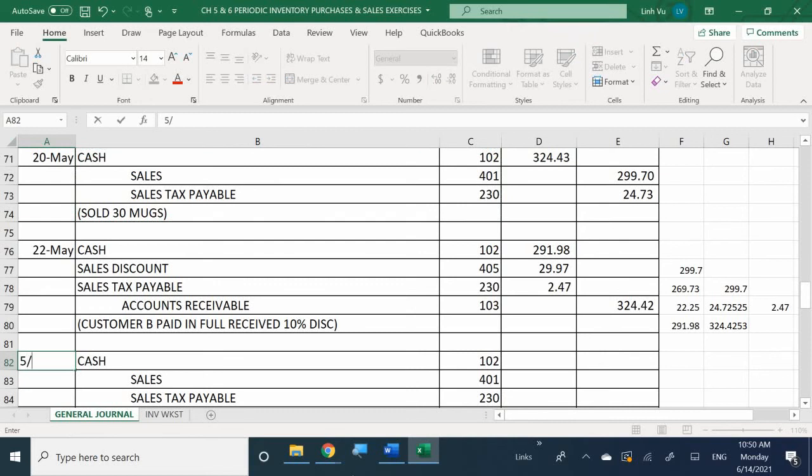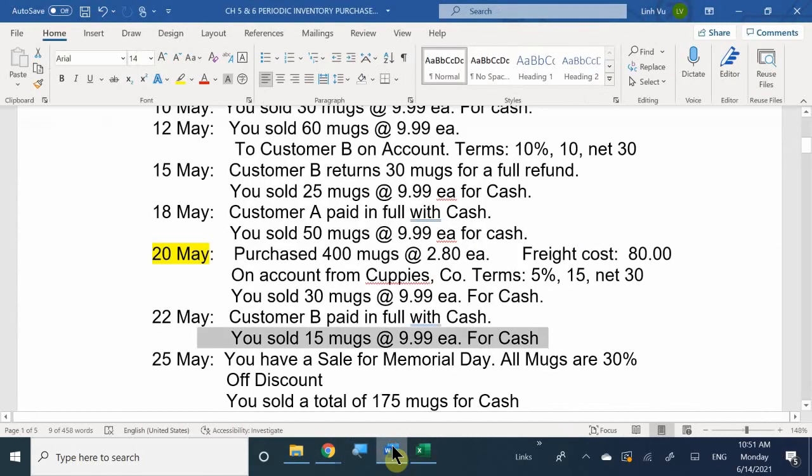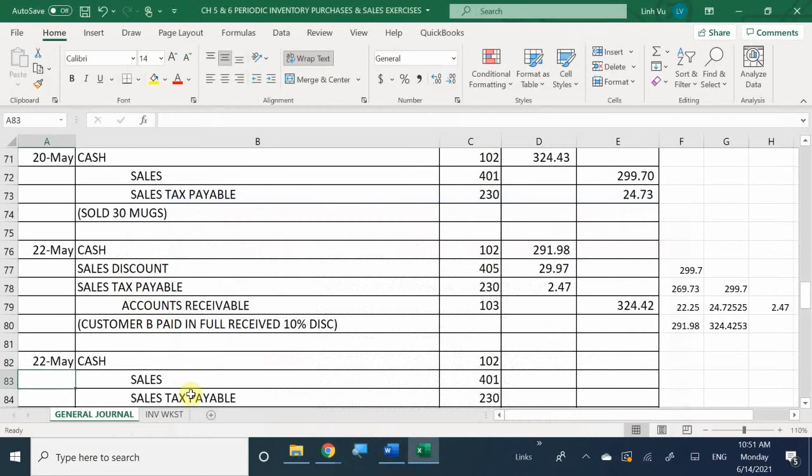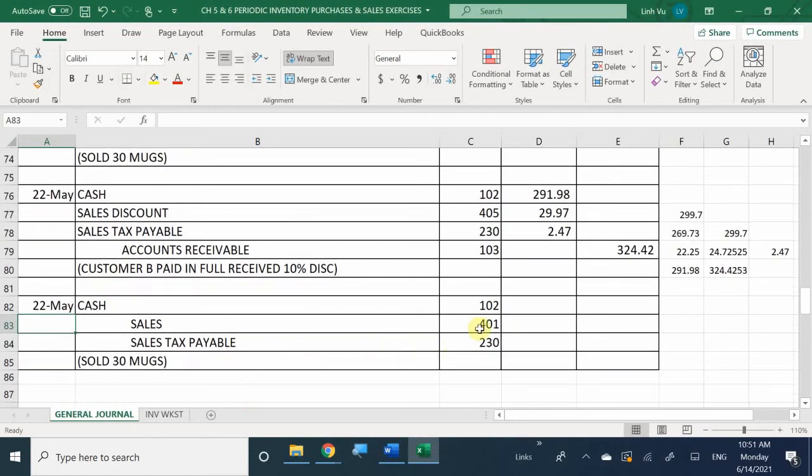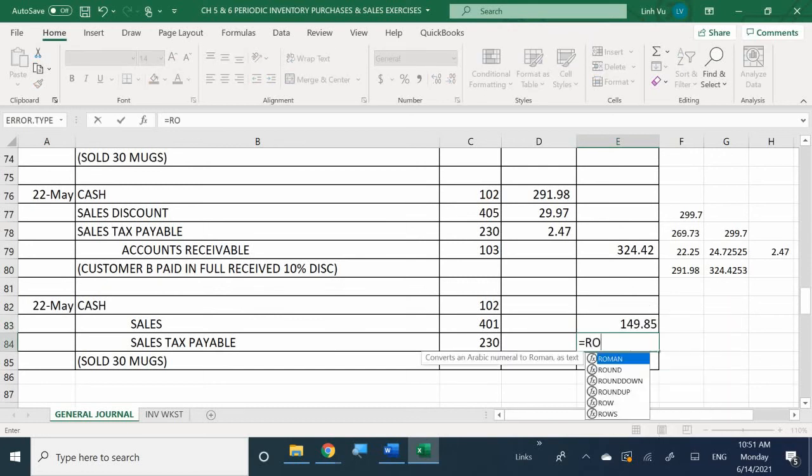That's 15 mugs, right? Yes, it is 15 mugs at $9.99. So how much was the total sales? $149.85. Good. And how much tax am I going to be collecting? $12.36.